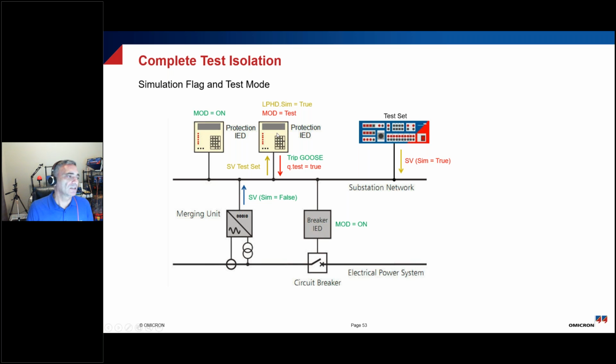And if it decides to send out a trip signal to the breaker, because the breaker is not in test mode, the breaker will ignore it, but we'll be able to monitor the breaker to actually see that the trip command did come in. That way we know that this relay is working properly, but we didn't have to take it physically out of the system, or isolate the breaker.